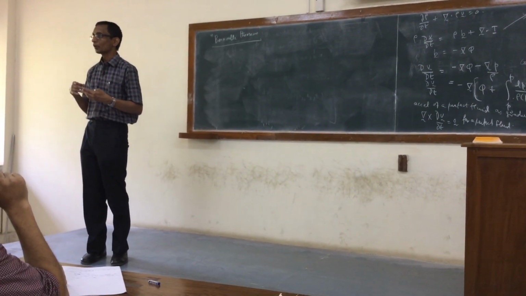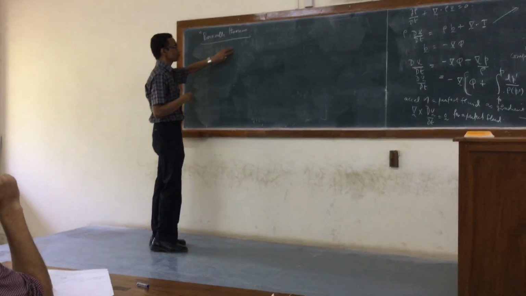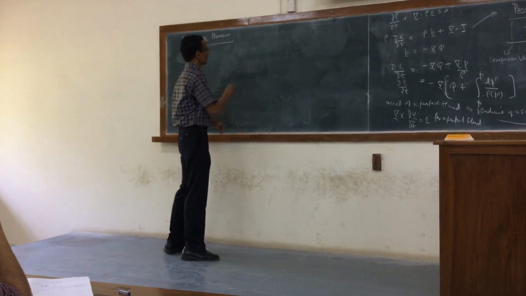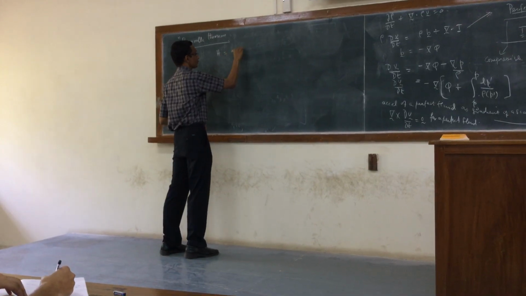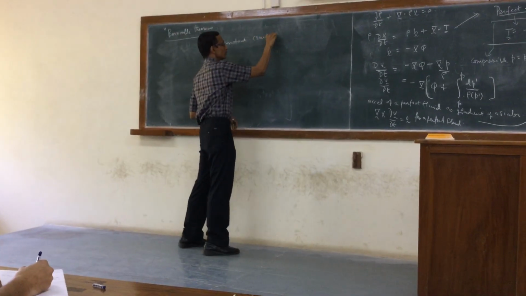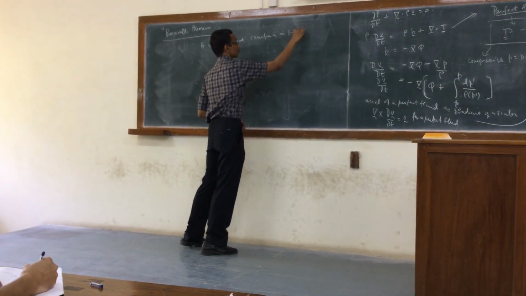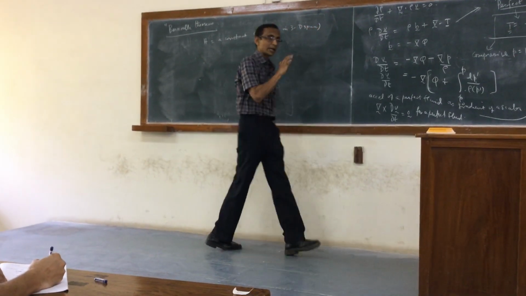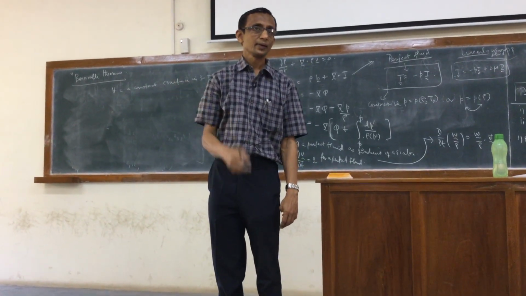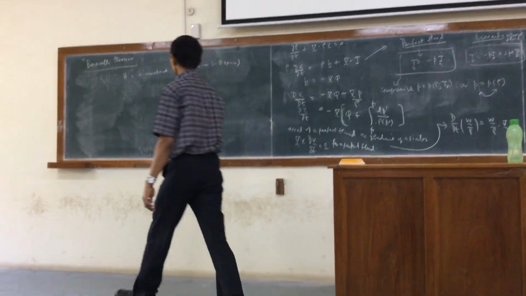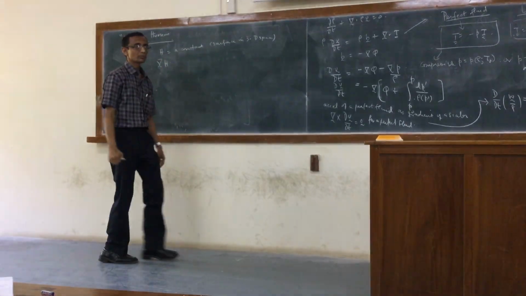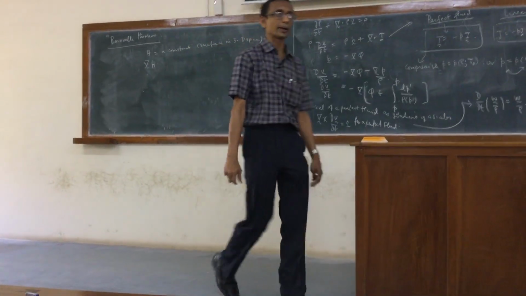So h then becomes a function of x alone. Every quantity is a function of x, right? So h equals a constant will be a surface in three-dimensional space. Equation h equal to a constant will be a surface in three-dimensional space. So what can you say about the gradient of h? The vector that is formed by taking the gradient of h.